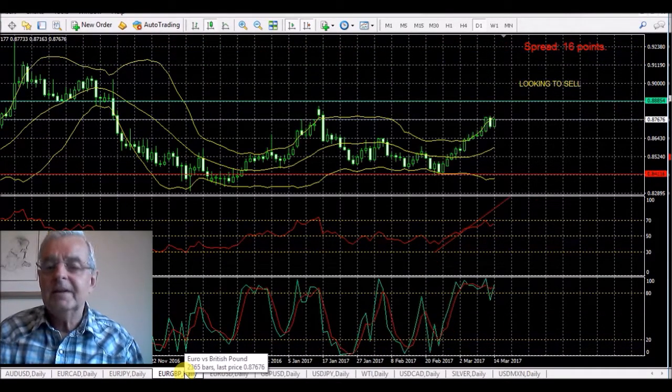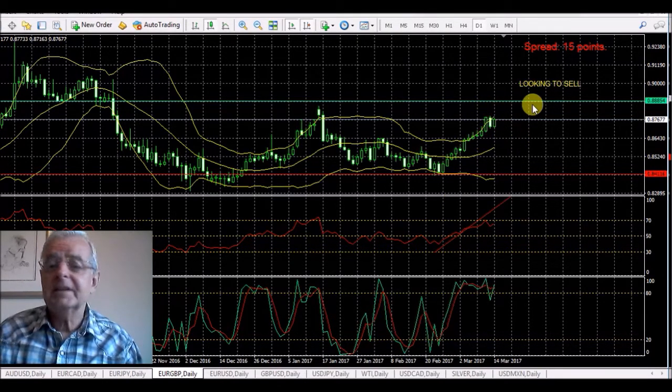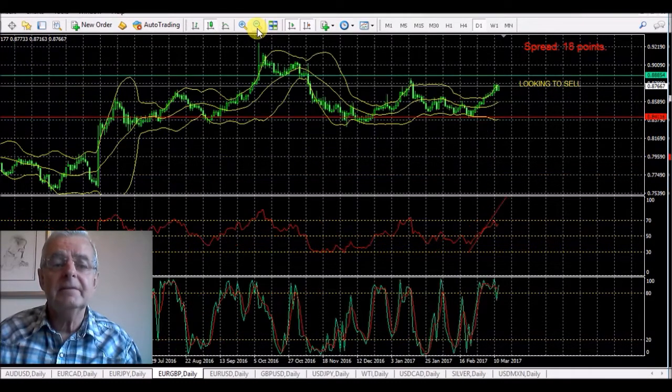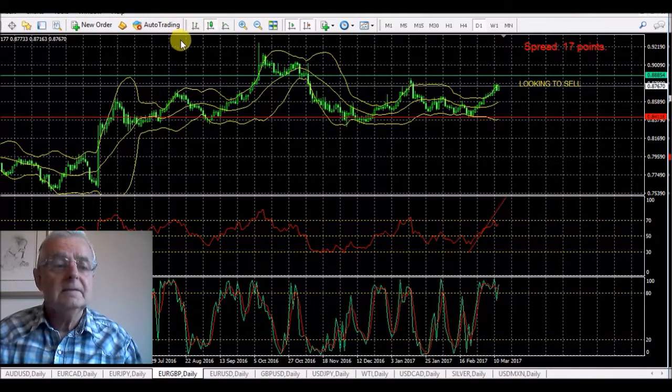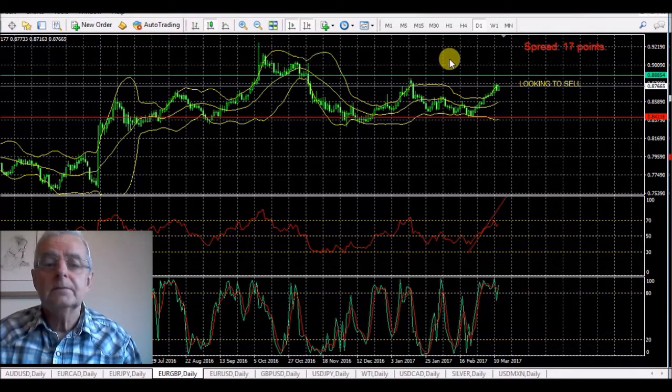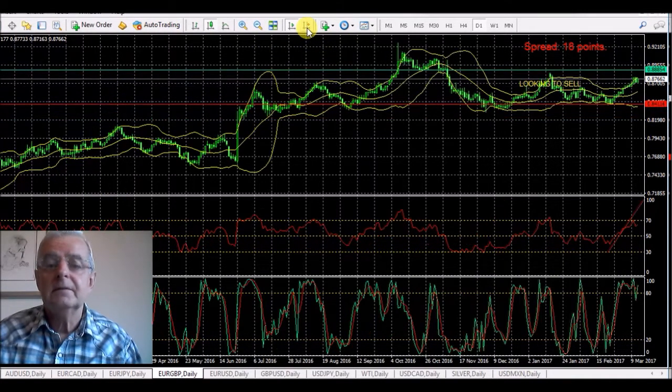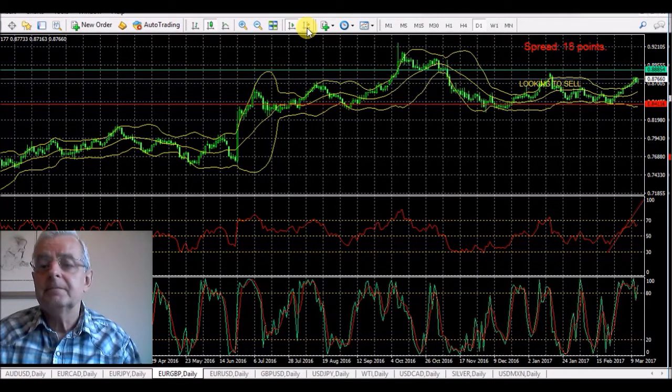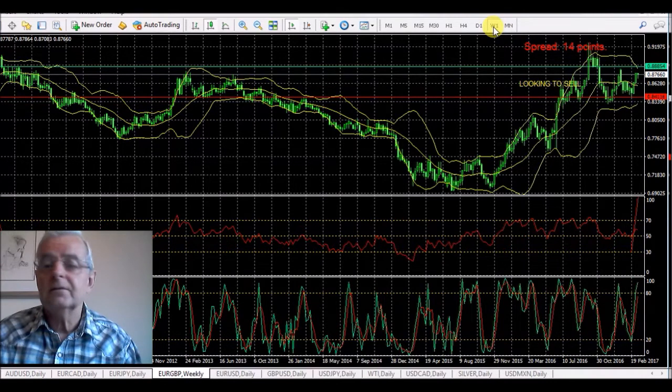Euro GBP, again, you've got the same thing. You're at the top of the Bollinger Band. You've got pretty stiff resistance, and I can actually go back a bit further on that. Onto the weekly chart, this is pretty high where it is.